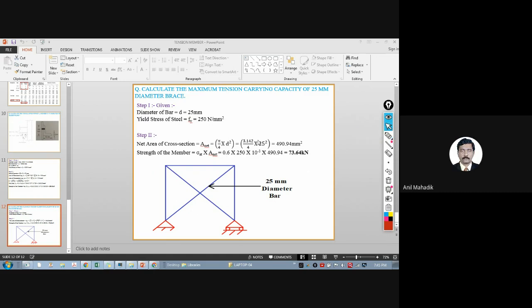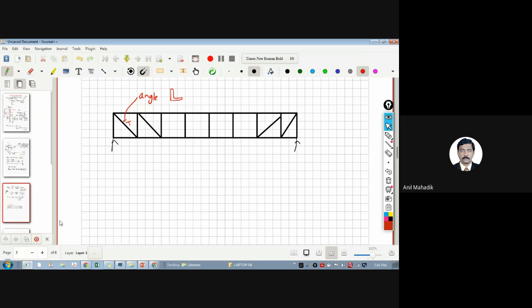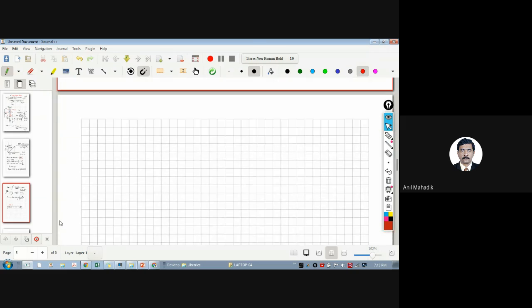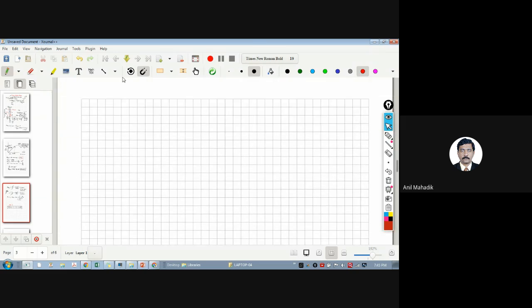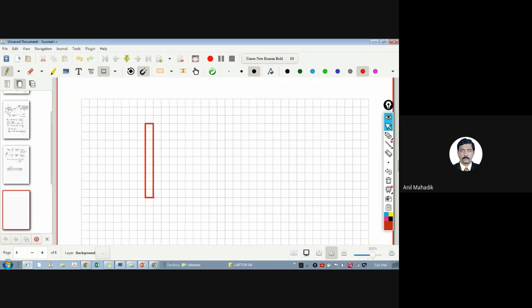Yes, sir. Now let's go to the next problem, that is compression member design. So tell me. Definitely compression member design is different from the tension member design. And why? Tell me. Now understand this: there is a column supported on some support, let's say like this, and there is a force like this, P. So tell me what will happen to this column if you apply the force like this?